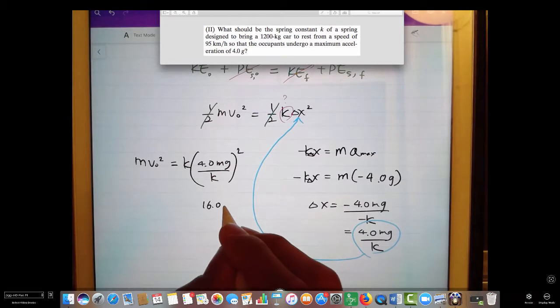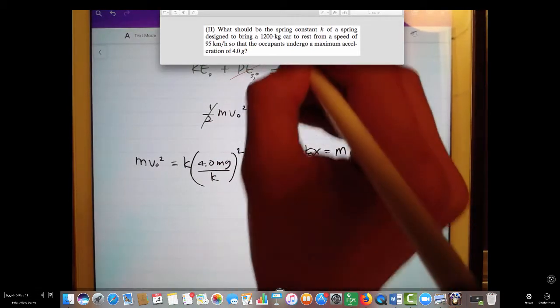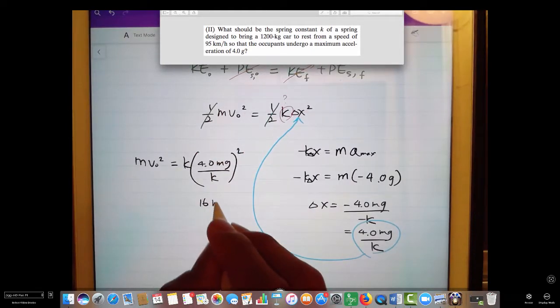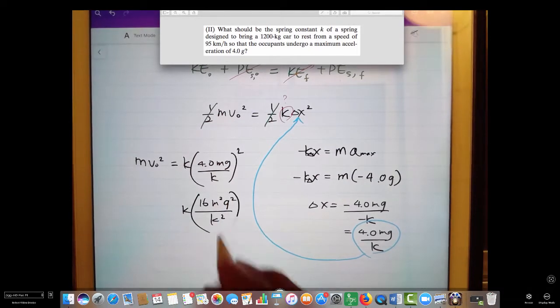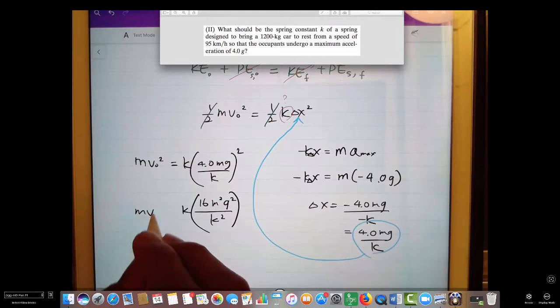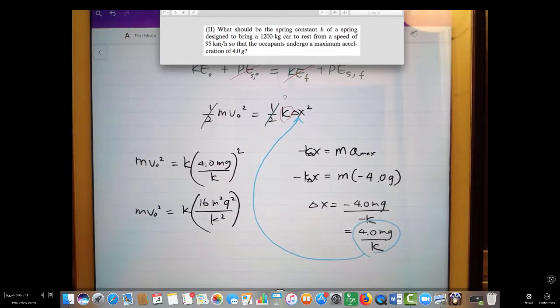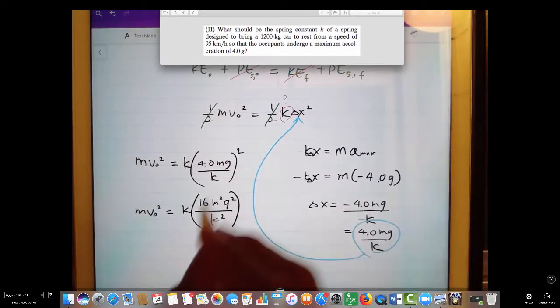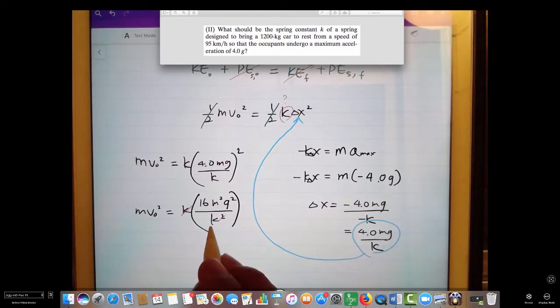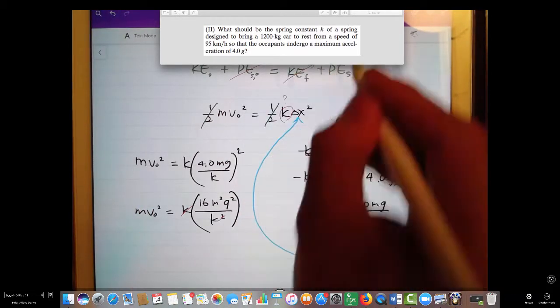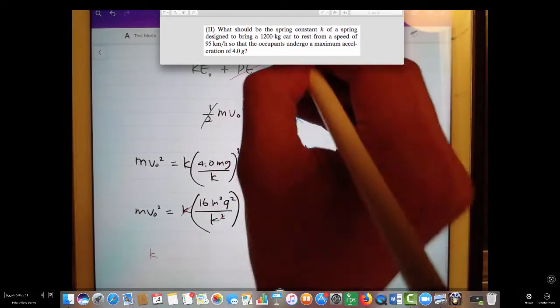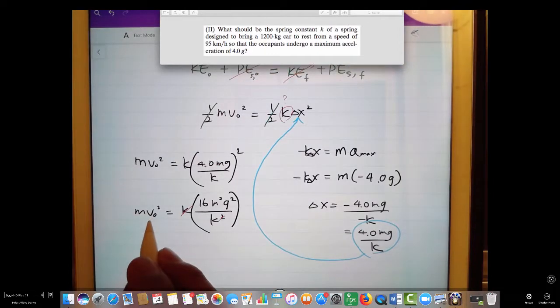Oh, actually, it's 2 sig fig. We'll just write the 16. m squared g squared over k squared, and we have another k here. m v0 squared. Cancel out the k, and then we push the k by cross multiplying it to the upper left corner. And then we push down the m v0 squared to the opposite lower corner.